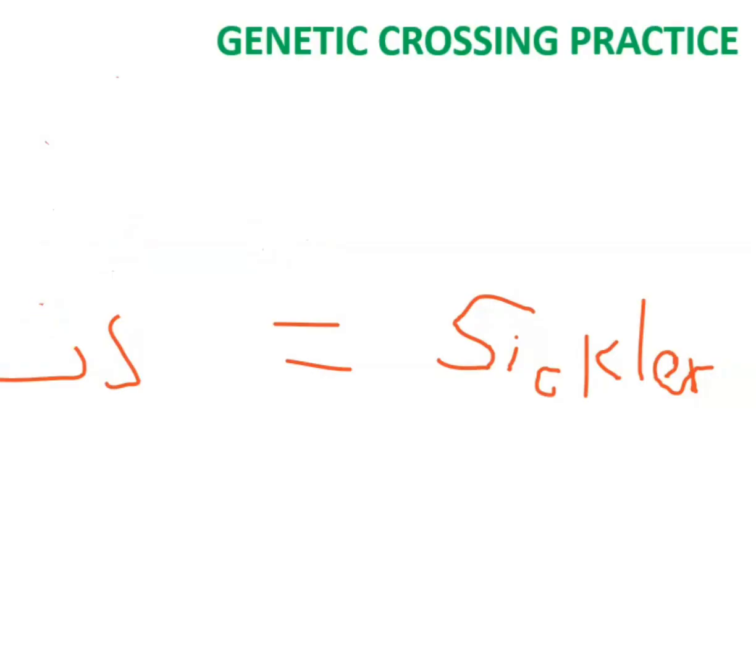So at this point, I want you to be reflecting on what the outcome will be when I cross a normal parent and a carrier parent. So this stands for normal, genotype AA. Then on the other side, we have genotype AS, which is for carriers, as explained earlier.